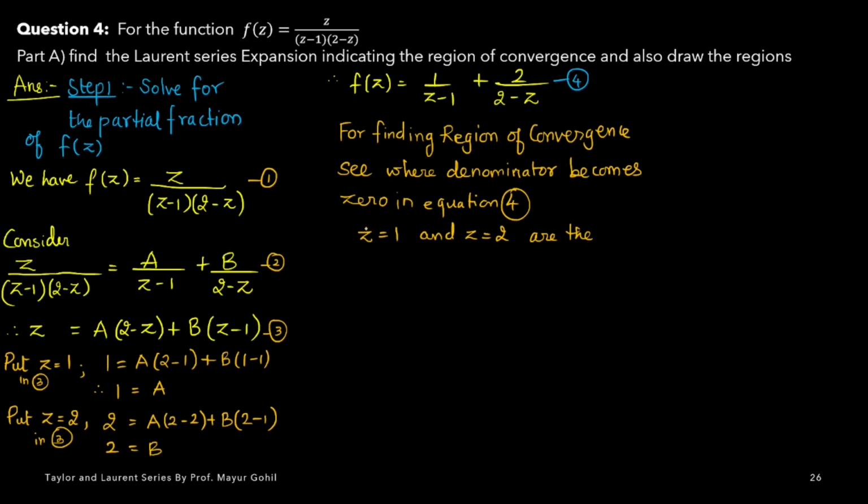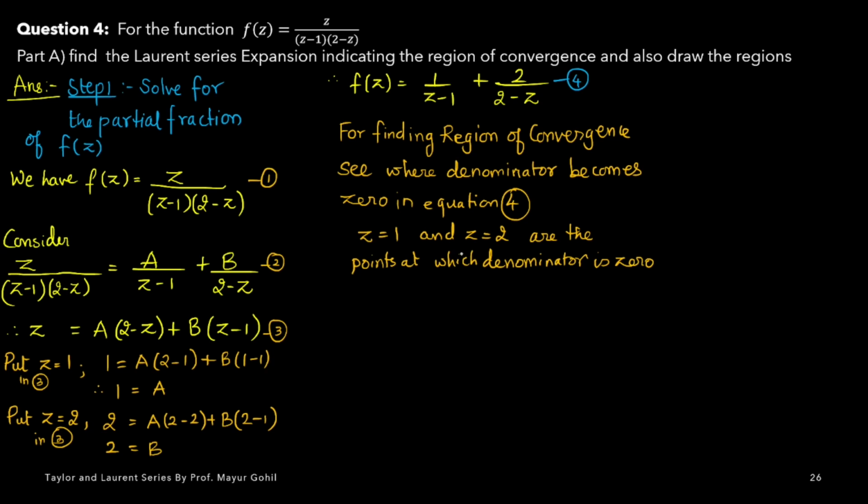In this topic I have not discussed singularity, but right now we can keep it in a simple manner: they are the points at which the denominator is 0.